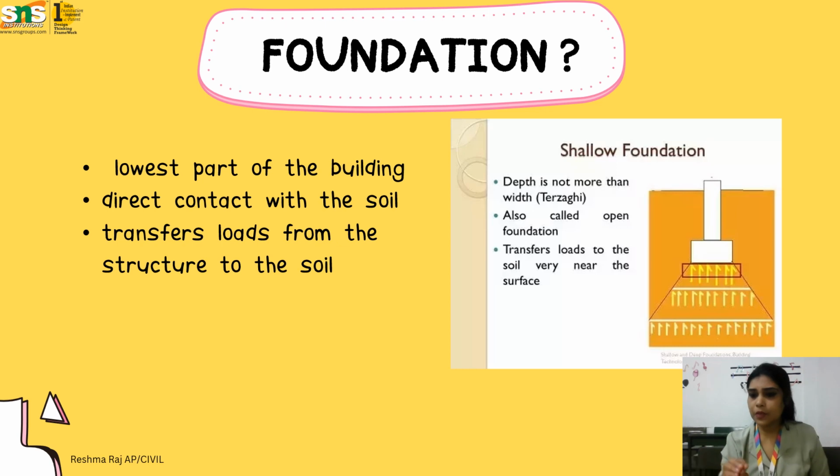Next is moisture control. A properly constructed foundation incorporates moisture barriers and drainage systems to prevent water from seeping into the building. This helps control humidity levels, prevents mold growth, and protects against water damage, particularly in regions with high rainfall or groundwater tables.